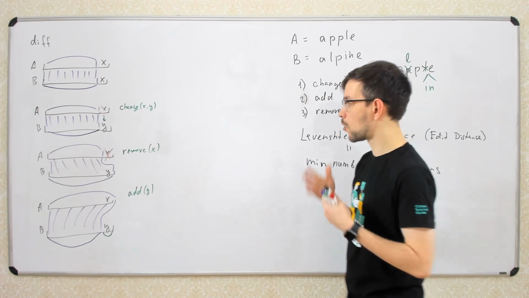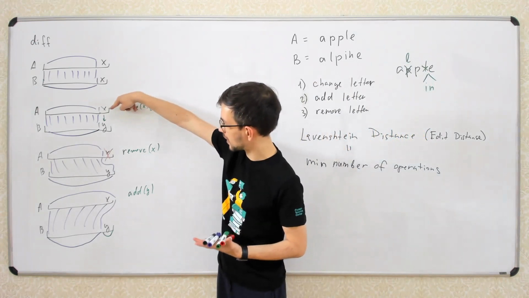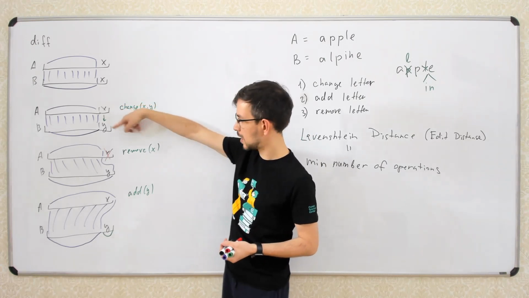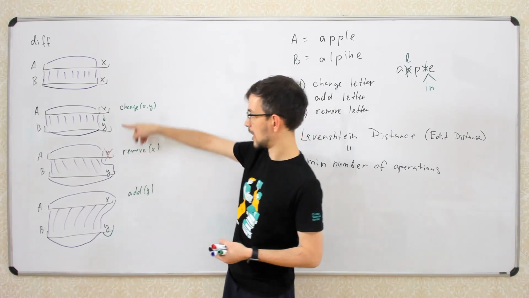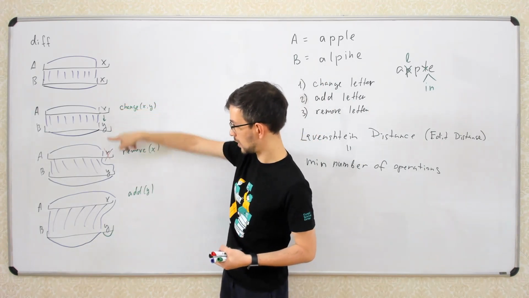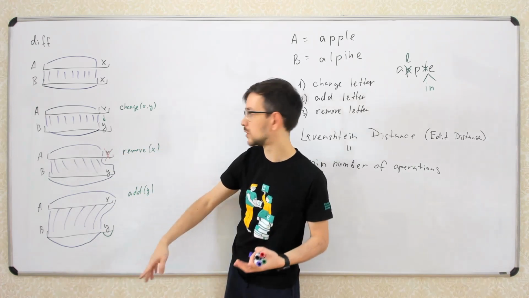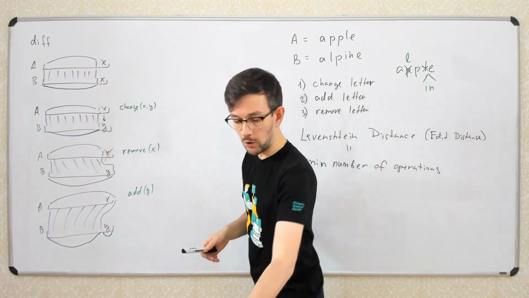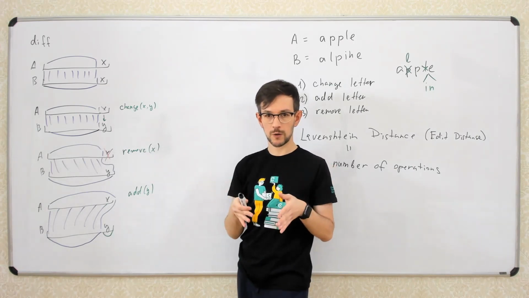That's all. That's basically all the options we have. Yeah. If we have one character X here and character Y here, we did one of these three operations. We either change X with Y, we either removed X, or we add character Y. In all these three options, we reduce our problem to smaller problem.